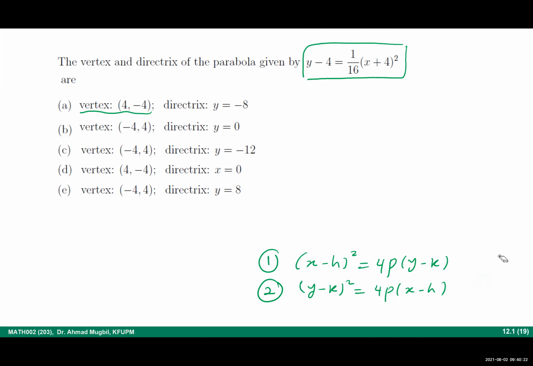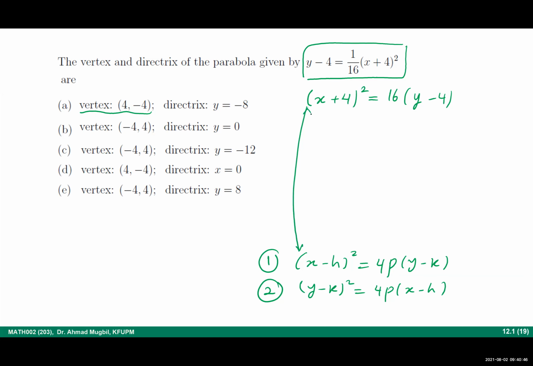You have to do something to write it in the same form. We have to multiply or divide by 16. Yes, this is the trick in this question. If you multiply both sides by 16, you will have it in the standard form. Now, this is exactly the same as this.